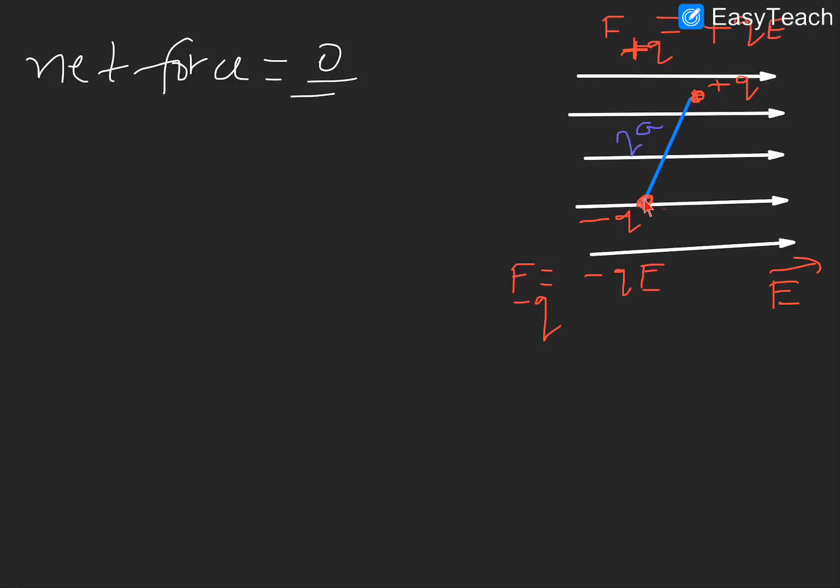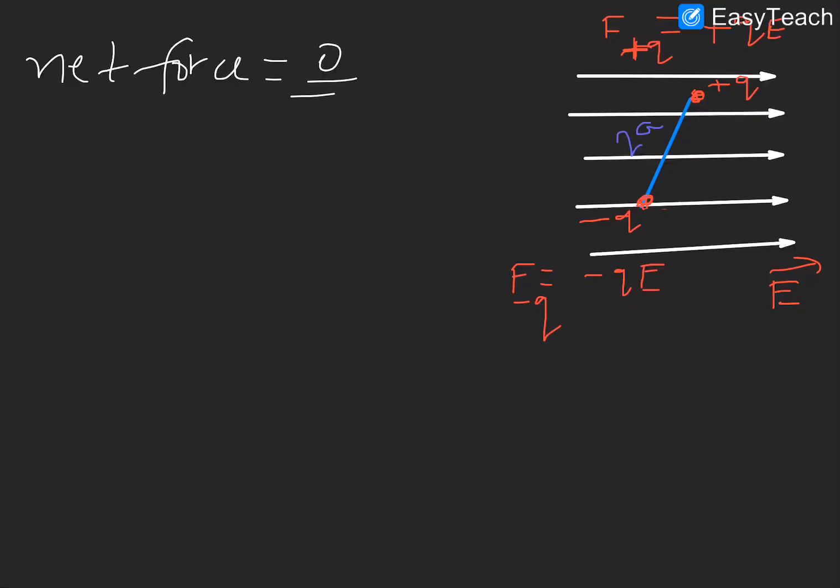But still you can see that this will move. 5 Newton downward and 5 Newton upward. If you add, you will get net force equal to 0. But still there will be a torque. This side will move up and this side will move down, isn't it? Even when net force is 0, you will get a net torque.